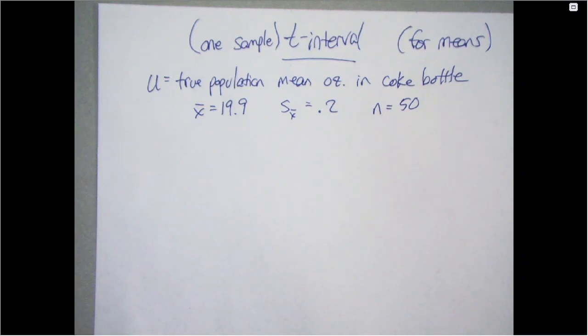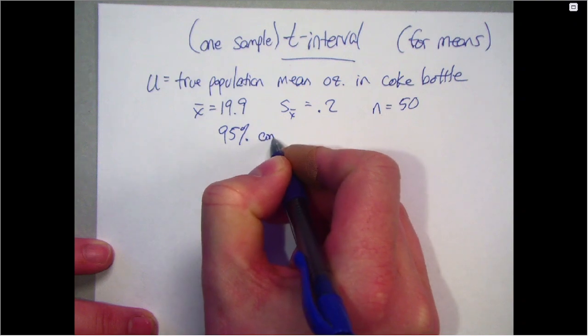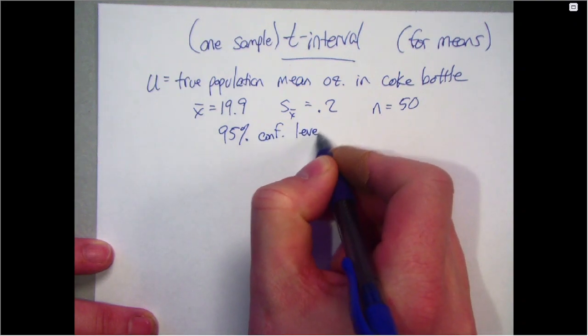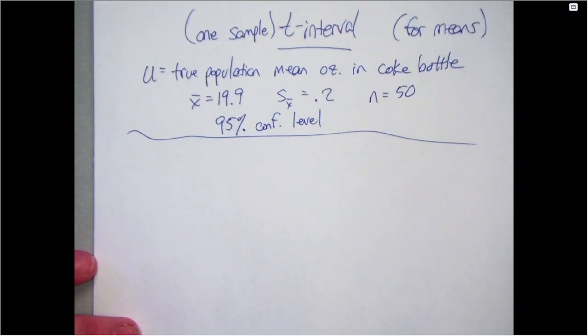There's no claim, because it's an interval; we're not trying to prove or disprove something, we're just trying to figure out, given that, what do we think the real mean is for the big population? Let's say 95% confidence interval. So that's your intro, there's no H0 and Ha because it's not a test.